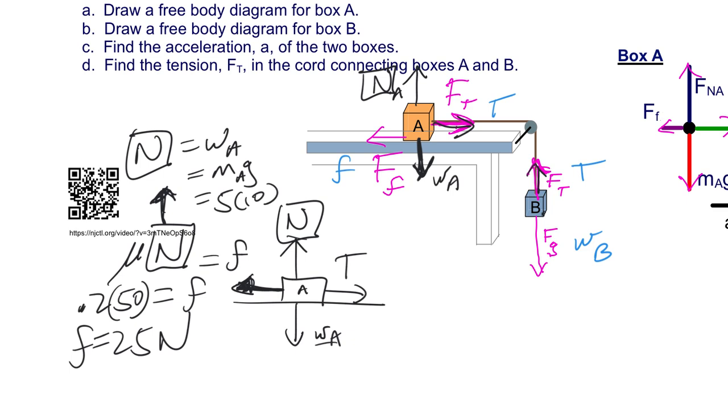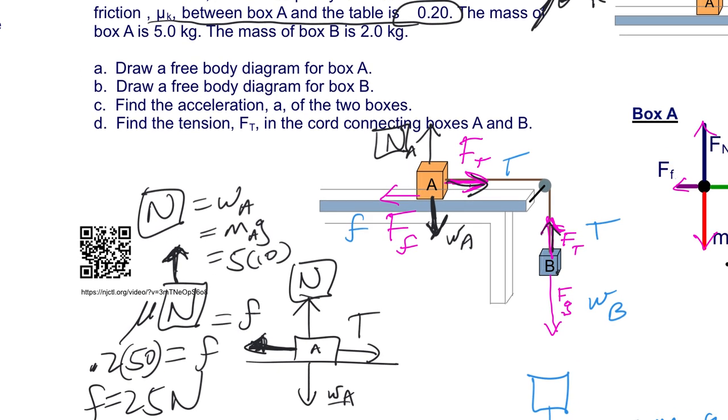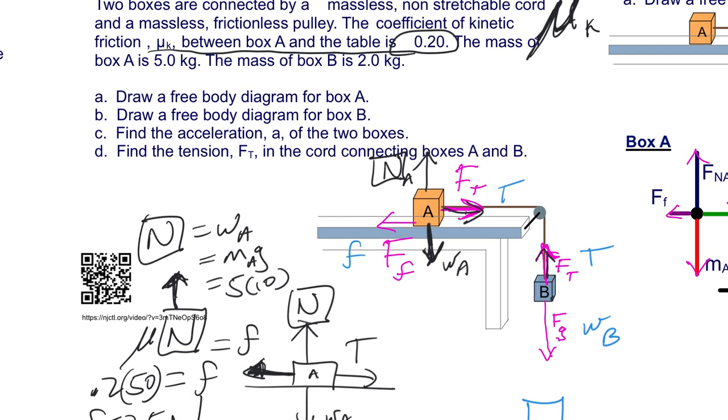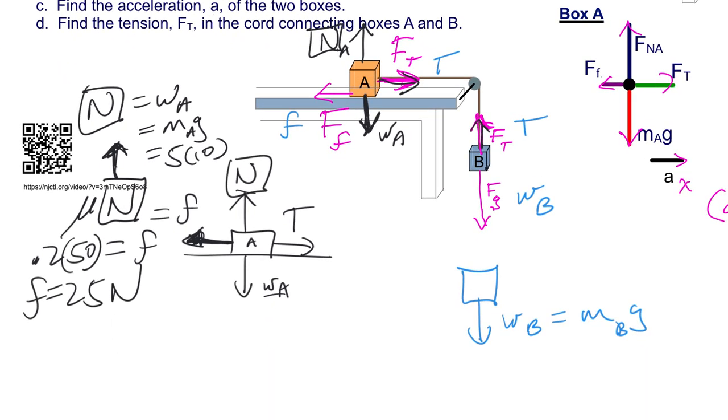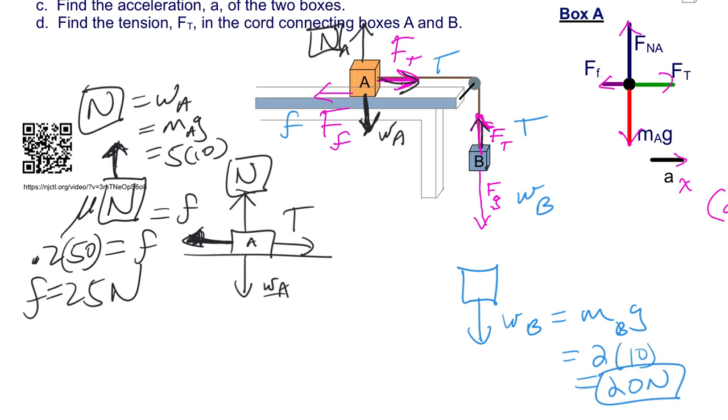Okay, let's do the same thing. Find the free body diagram for block B. Well, that's easy. You got WB here. Block B is 2 kilograms. 2 times 10 is 20 newtons. And then we got the tension going up.